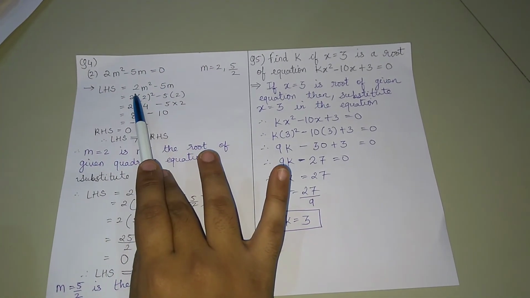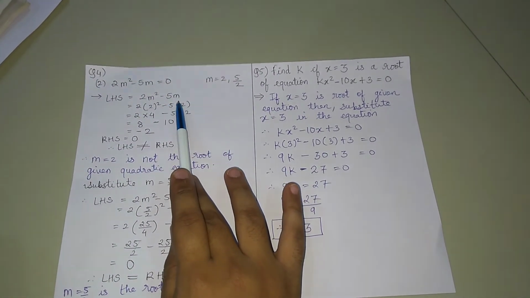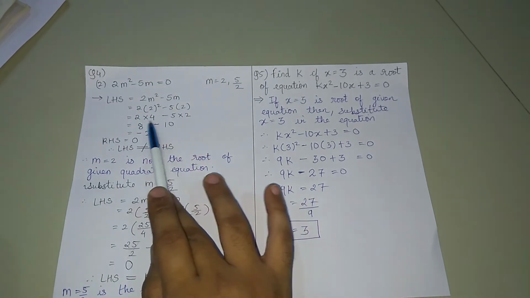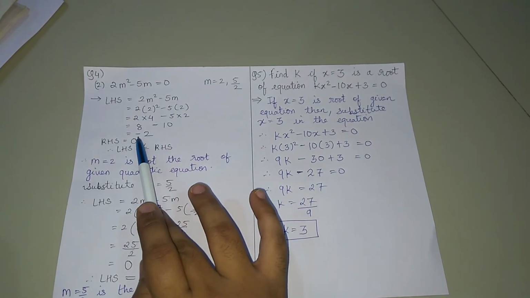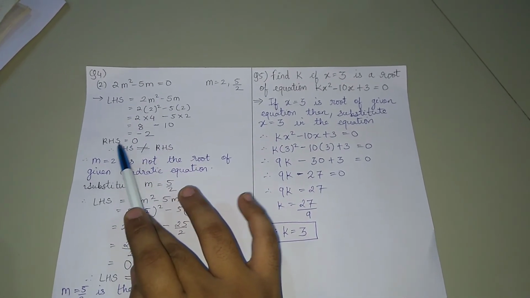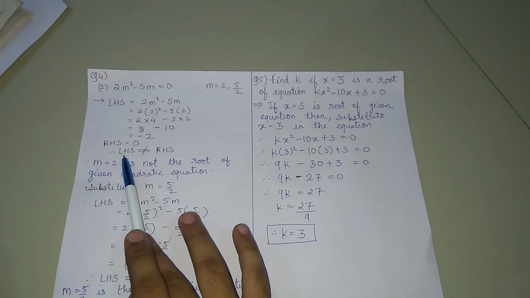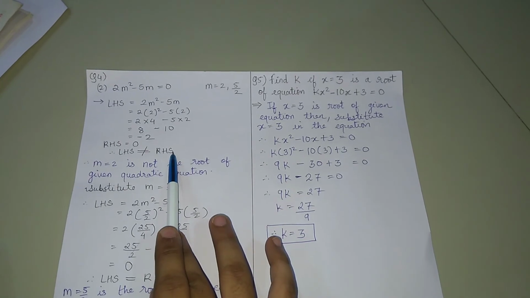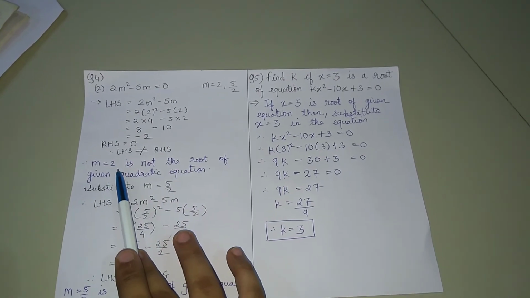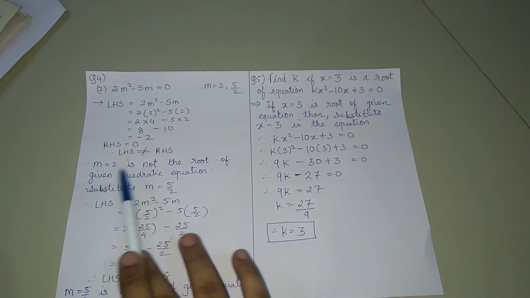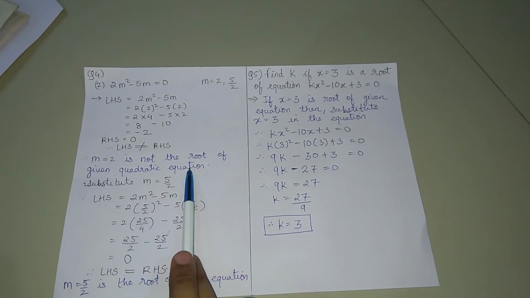So LHS equals 2m square minus 5m. Substituting the value 2, we get 8 minus 10, that is minus 2. Our RHS is 0. Therefore we conclude that LHS is not equal to RHS. So m equals 2 is not a root of the given quadratic equation.